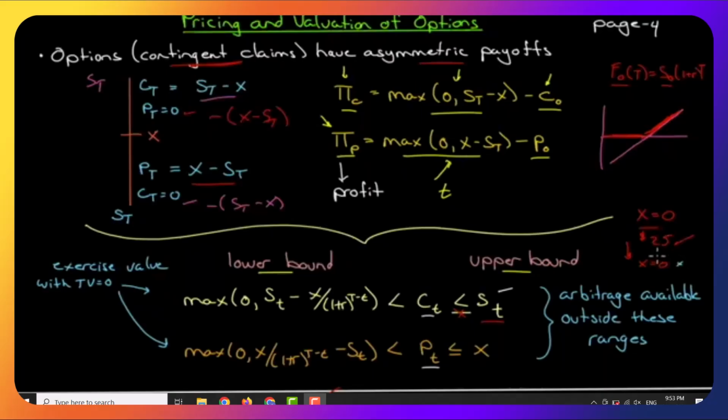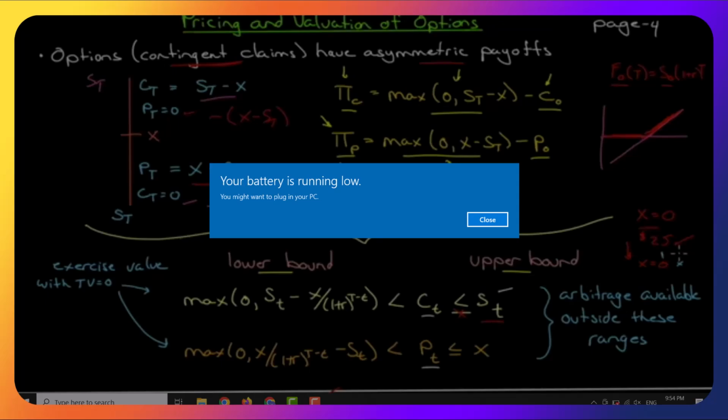The lowest you could probably get, even if they had $1 increments, is $1 on a $25 stock. You're not going to pay more than $25 for that, because why would I pay $25.50 for a call when the stock's only $25? It's the cheaper way to go. So we have an upper bound. The upper bound is the stock price.